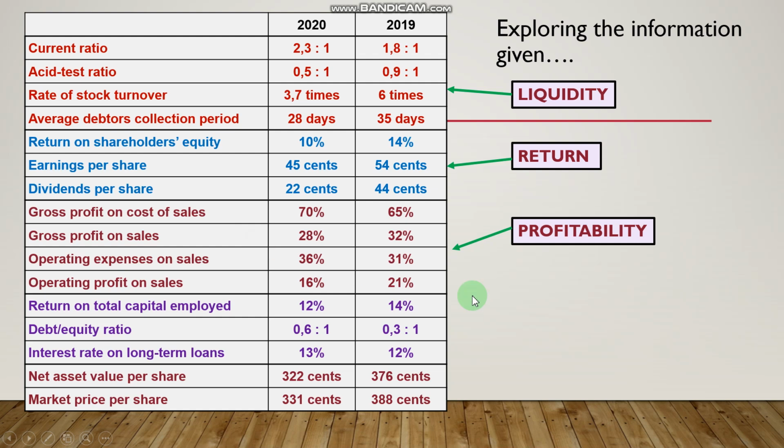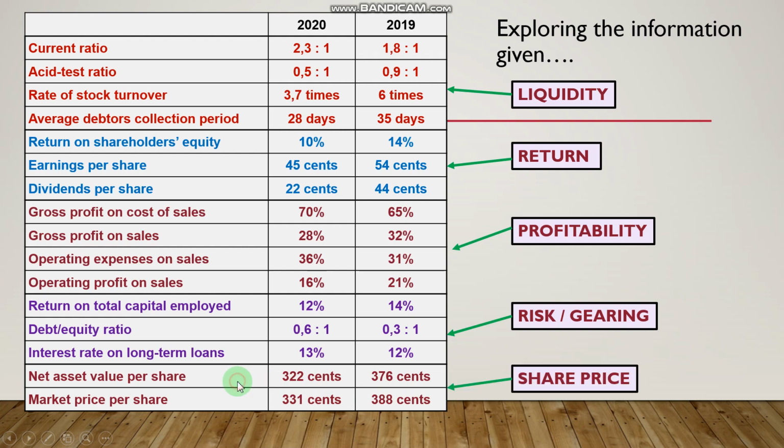They are talking about profitability. And I've got return on total capital employed, I've got debt equity, and I've got interest rate on the long-term loan. I know this will be talking about risk and gearing. And then I've got my net asset value and my market price of shares that are given to me here. That will be talking about share prices. So it is something you can do very quickly in an exam when you see a table like this.